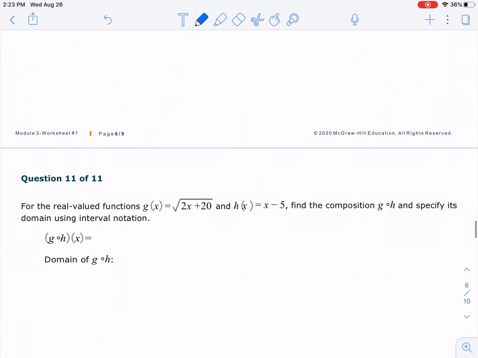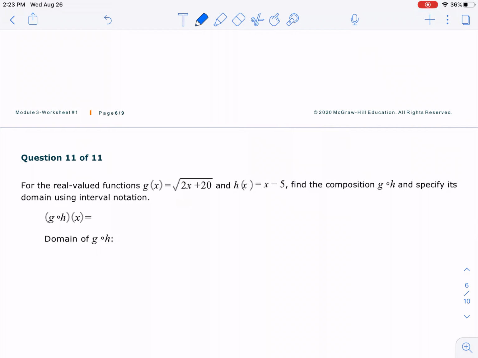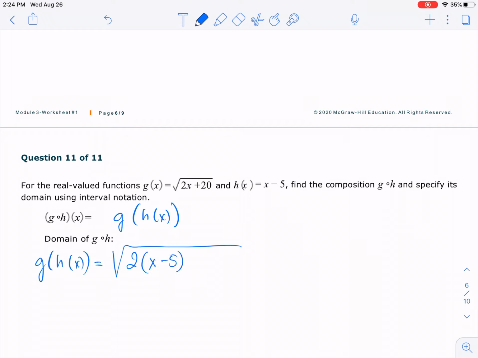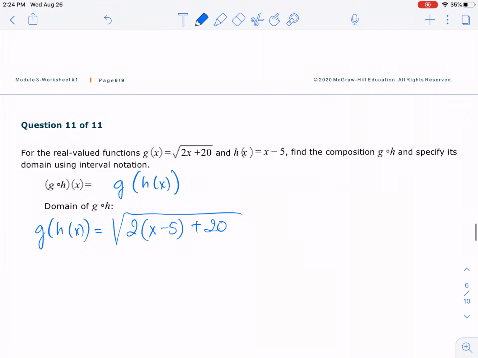So number 11, once again, we have the composite. And the composite in this case is going to be g of h of x. So I'm going to have to take h of x and I plug it in right here for g. So let's do that. So we have the square root of 2, but instead of x, we have x minus 5, plus 20. Now, we're going to have to simplify that because we can.